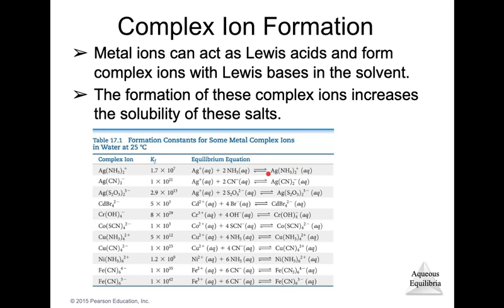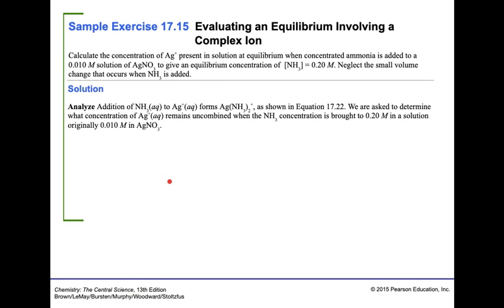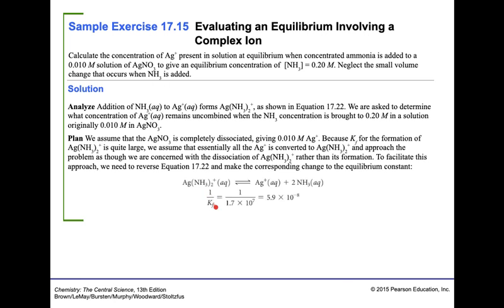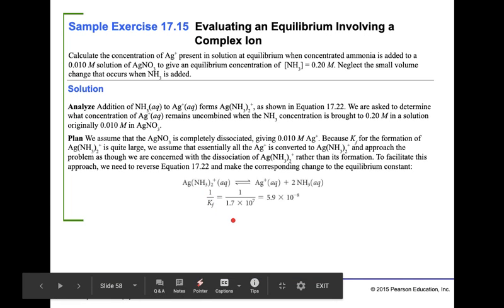So what I mean by looking at the reverse of that is we're looking at this breaking apart. So we are reversing the equilibrium equation, right? Do you guys remember what you're supposed to do to the equilibrium constant when you reverse the equation? Okay, you need to take the reciprocal.